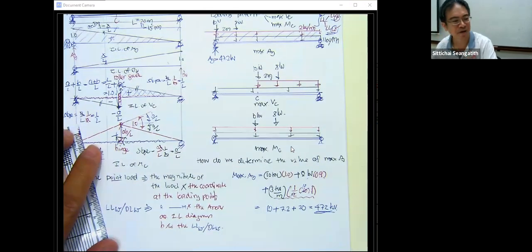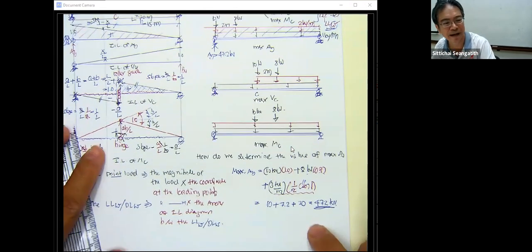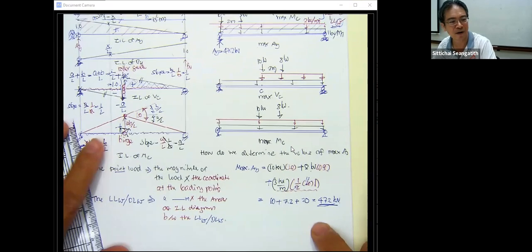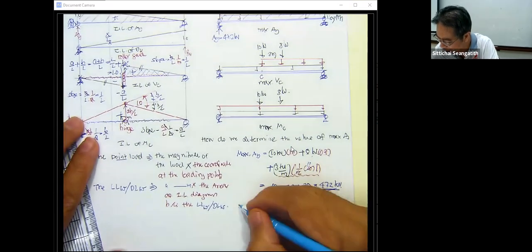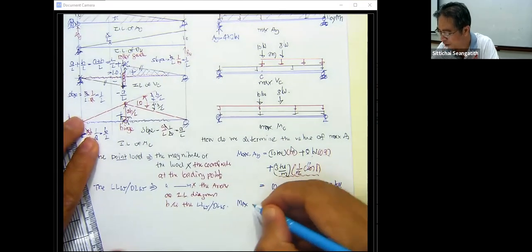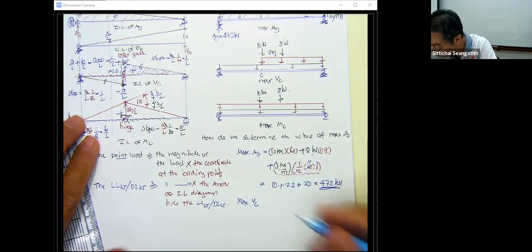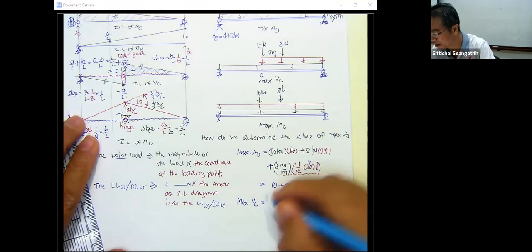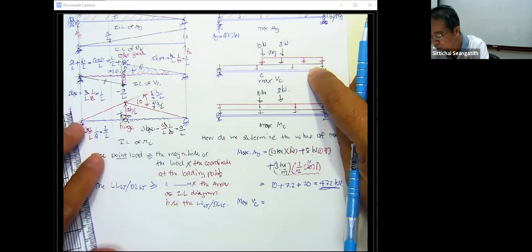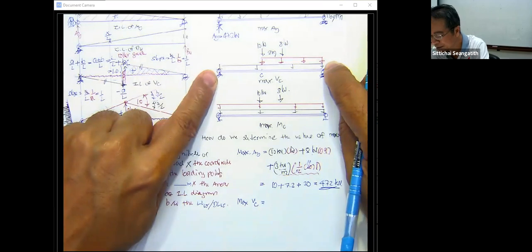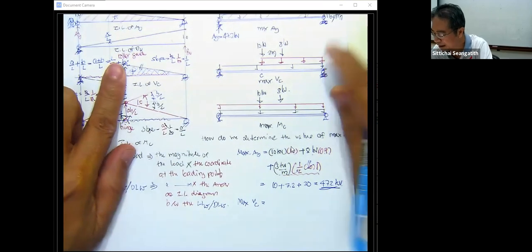Okay. And you also use this same method to determine something else. Let's say if you would like to find the maximum of V sub C. For the maximum of V sub C, this one is going to be very complicated, right? Yes, because that is positive and that is negative.